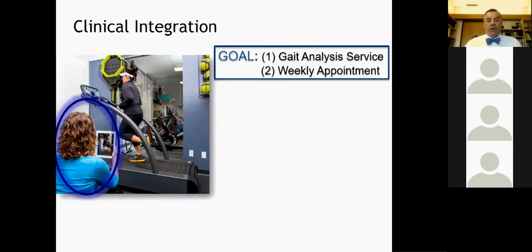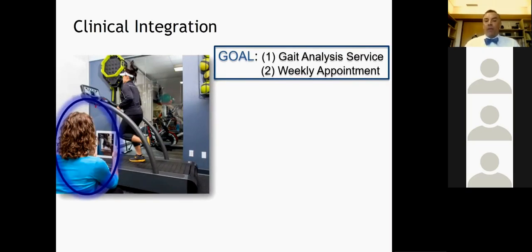So the goal of KinetiGait is to either help you develop a new gait analysis service. So for example, hanging a sign in the window that says 3D gait analysis now available at this clinic, and this is a differentiator. Perhaps there's another sport physio clinic just down the road that you're competing with. Well, now you can have 3D gait analysis as a bit of a differentiator and help attract new patients.